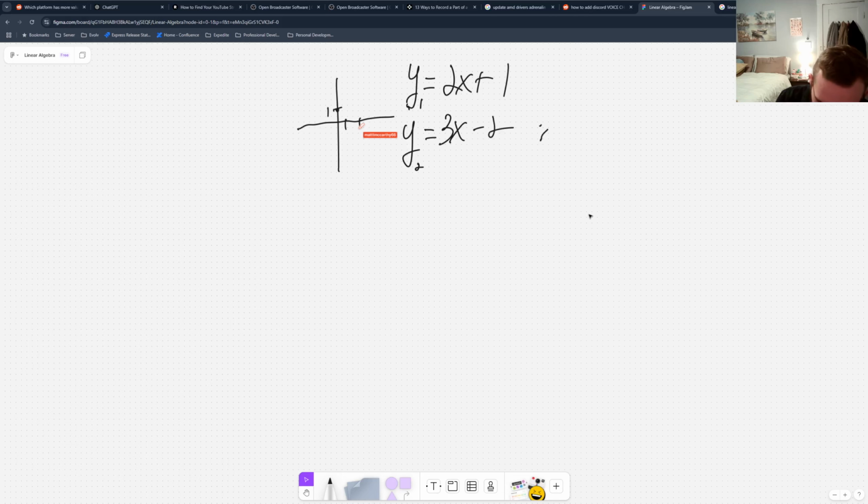So y1 at 0 equals 1, right? y1 at 1 equals 2 times 1 plus 1 equals 3. So then we have 1, 2, 3 here. And you're thinking about this from a graphical point of view. Yeah. Okay.